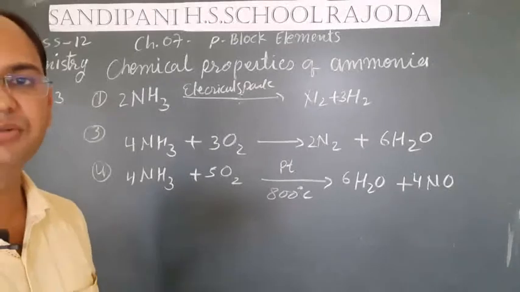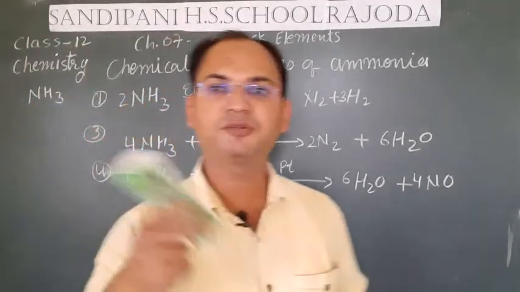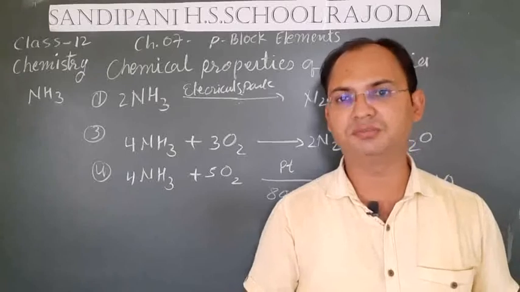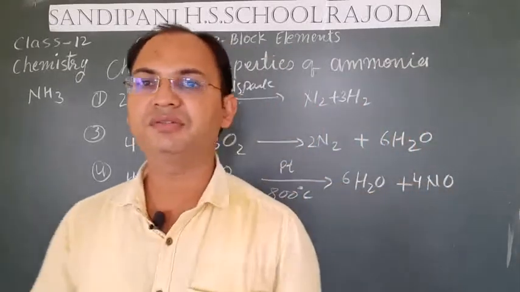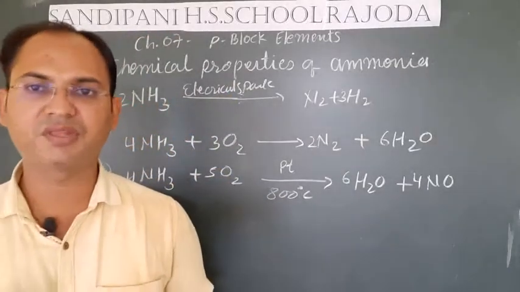Next property, students: when ammonia is passed over sodium, then it produces sodamide along with the formation of hydrogen gas. Let's see the reaction.